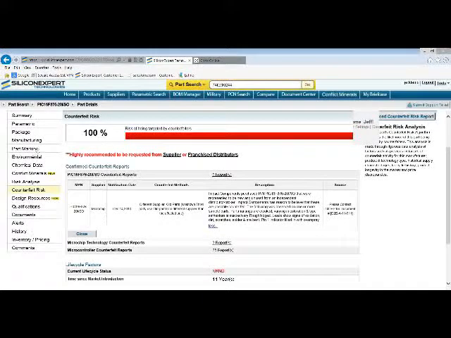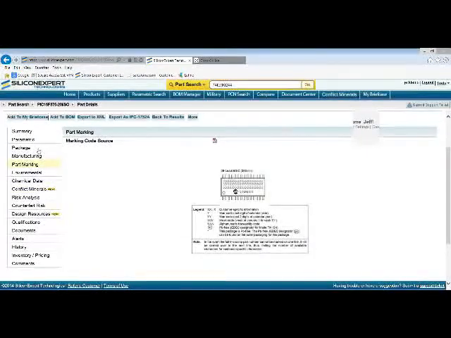We did get asked by one of our contract manufacturing customers a couple of years back to add part marking into the mix. So we do have part marking, as we just saw in the case of this particular part. It was one of the things that was used to identify it as a suspect counterfeit report.